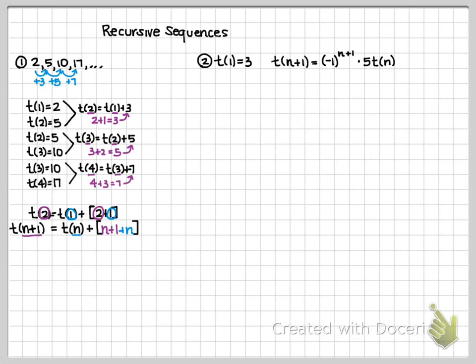So I think I have an equation. Let's just clean it up a little bit. So t of n plus 1 is going to be equal to t of n plus, if I put those together, 2n plus 1. And there's one other thing that you need for a recursive formula: you have to have something to start with. In this case, notice that t of n plus 1 is reliant on t of n.